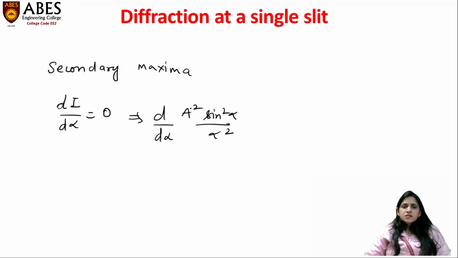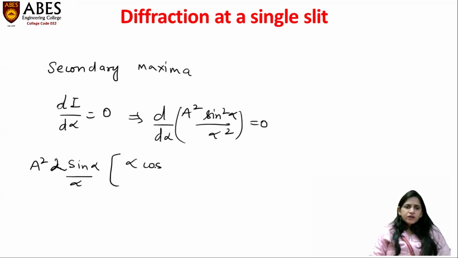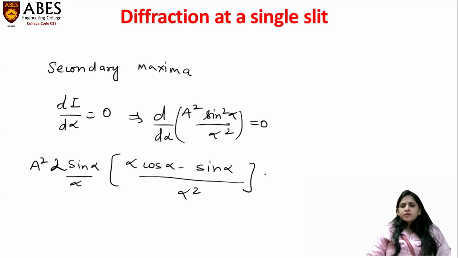This is equal to 0. When we solve this, we get I0 into 2 sine alpha over alpha into (alpha cos alpha minus sine alpha over alpha square) is equal to 0.